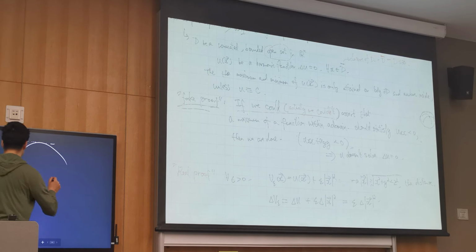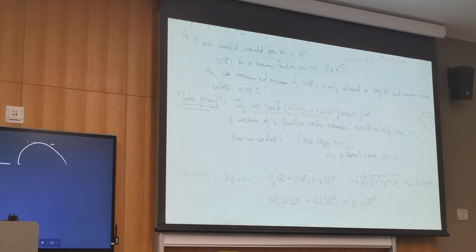I'm talking about the Laplace of x squared plus y squared plus z squared, because again, this is my x squared according to the Pythagorean theorem.